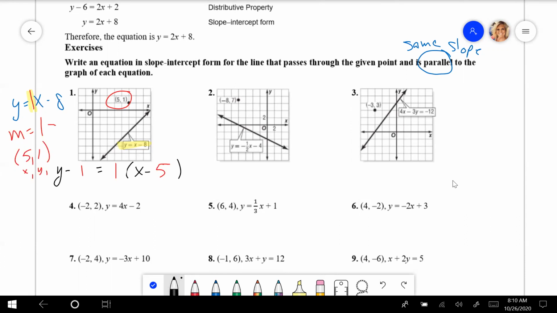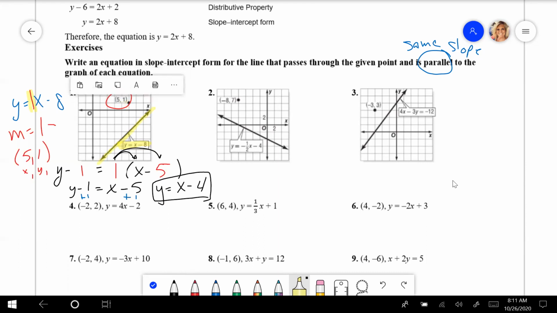Now we can move it. You remember what we've done before? We multiply right here. We get y minus 1 equals 1 times x is 1x, or I'll just put x. 1 times negative 5 is negative 5. Now you need to add 1 to each side, and you get y equals x minus 4. This would be the equation of the line that is parallel to this one and goes through this point.